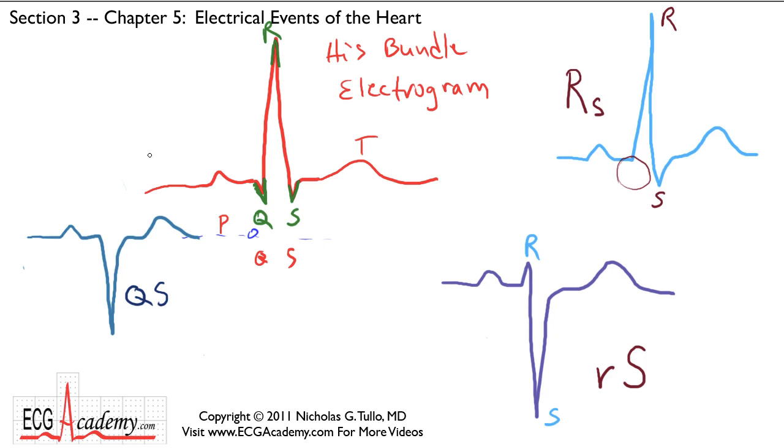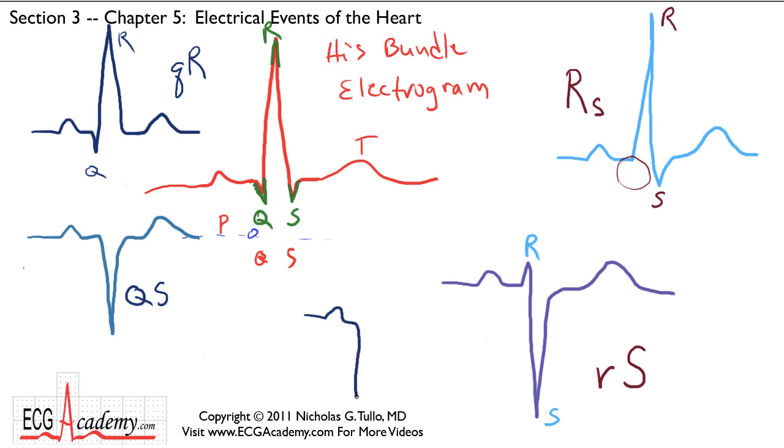What else can we see? Well, it's not uncommon to see an EKG where there's no S wave. So this would be the Q wave, and there would be an R wave here, but no S. So it's a little Q, big R, and you would classify that as a lowercase q and a big R. You could also have a different kind of QR pattern.